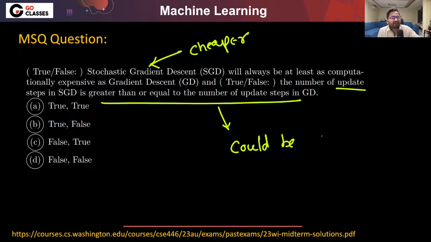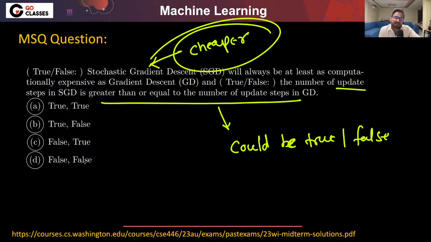There is no hard and fast rule about the convergence. But SGD is cheaper for sure. So the earlier statement is false, but this next statement could be true or false. It is cheaper, that is for sure, but whether it will have fewer iterations or more iterations is not guaranteed. Okay, is this understood?